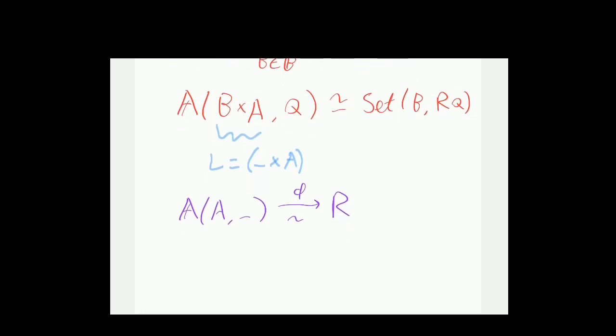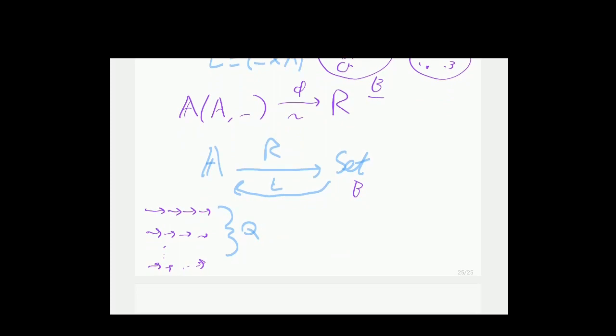So what this is saying is that the left adjoint of our forgetful functor, remember, our forgetful functor sends a dynamical system to its set of states. And now we've figured out the left adjoint to that. So if we have a set B, what is this functor doing?